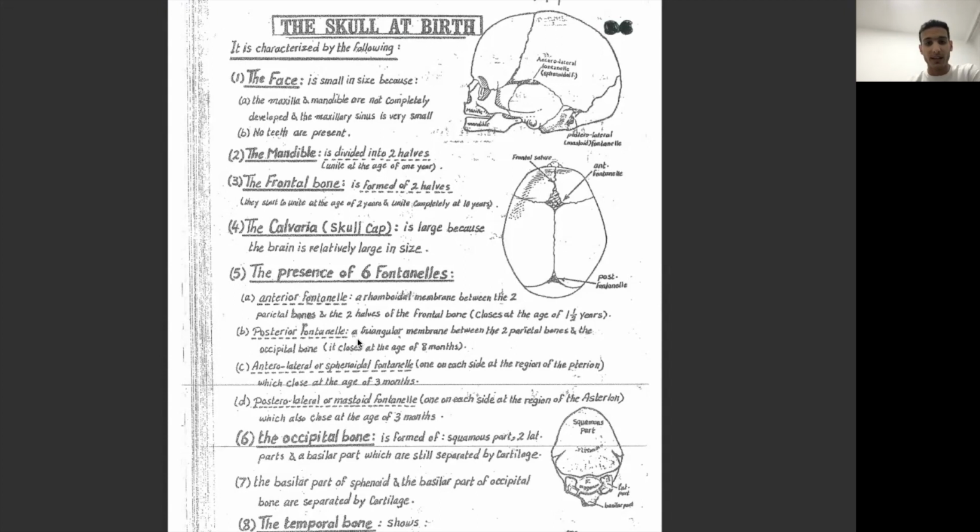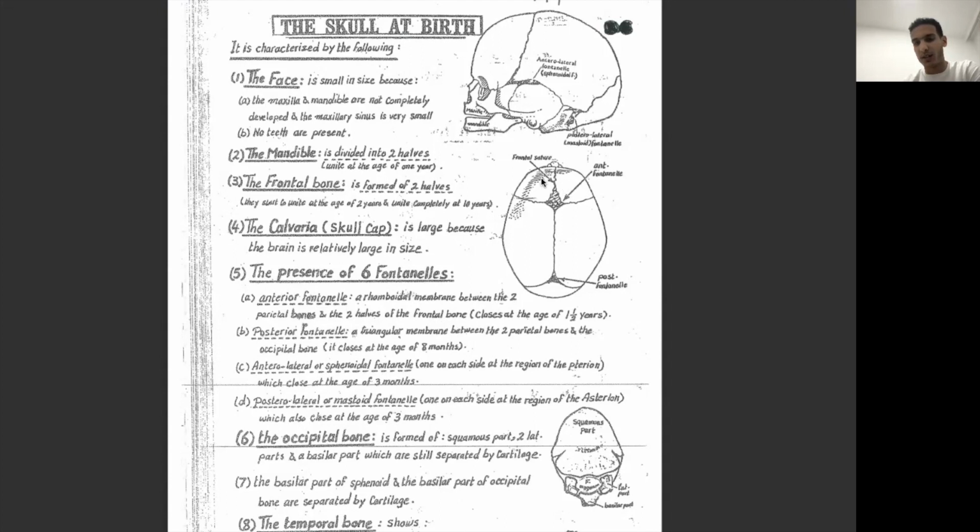mastoidal fontanelle. The most important part about these fontanelles is that you have to know when they ossify, when they become bone, at what stage of growth. So the anterior fontanelle is between the two parietal bones and the two halves of the frontal bone.